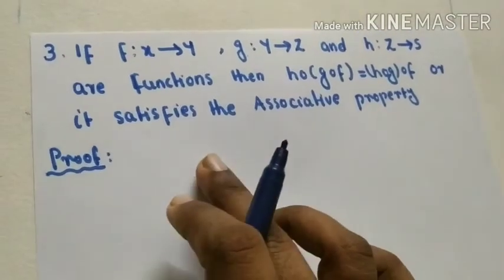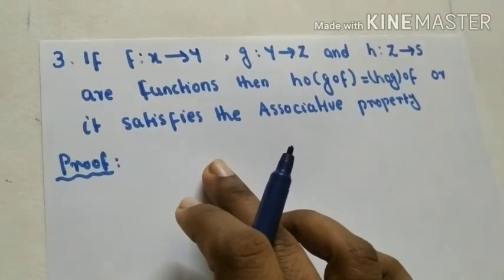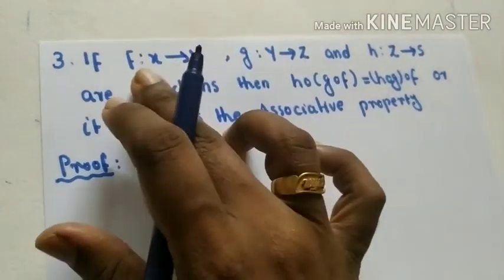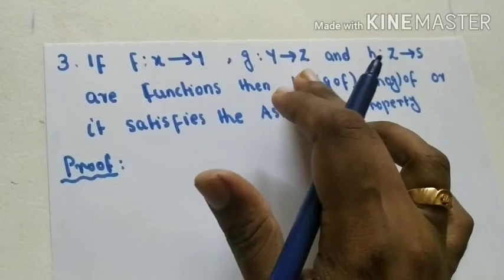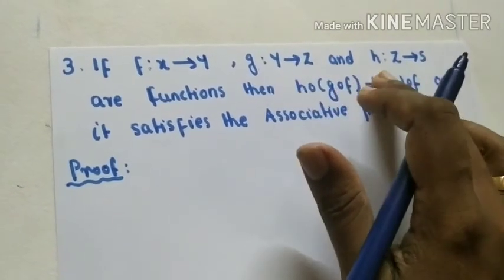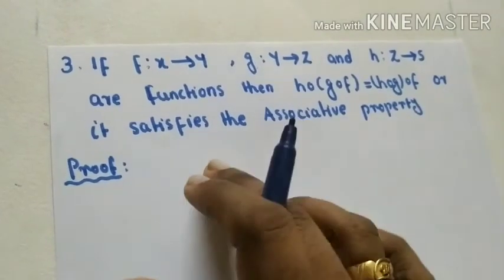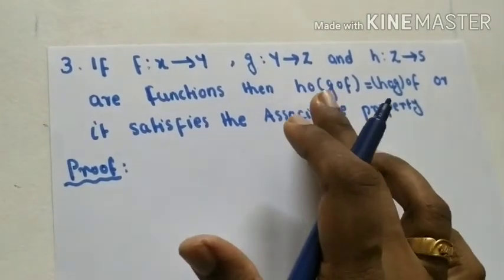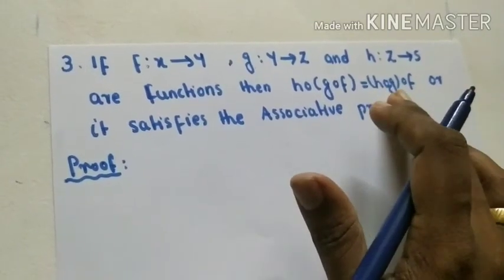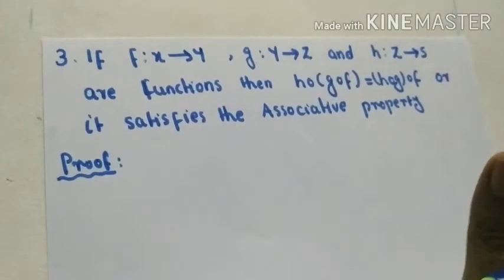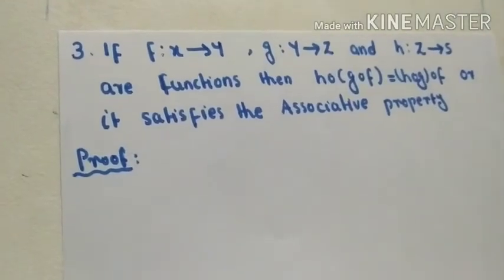This is our third theorem, which states that if f is a function from X to Y, g is a function from Y to Z, and h is a function from Z to S, then h of g of f equal to h of g of f, or it satisfies the associative property. So let's start our proof.